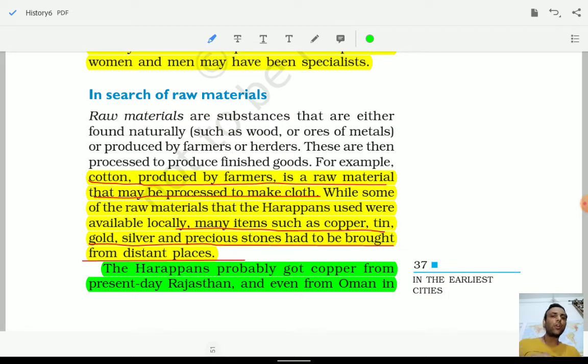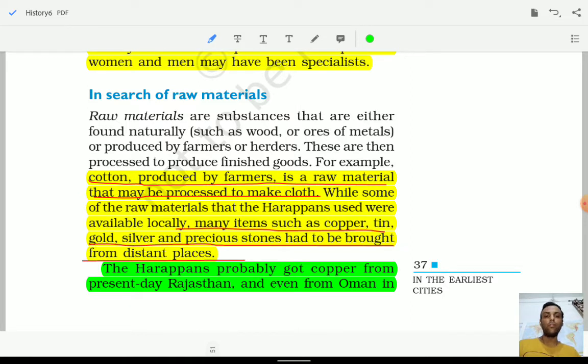In today's geography, you will read that black soil is dominant in the western part, and it is really good for the cultivation of cotton. So understand that the Harappan Valley civilization people already knew about black soil and what type of crop could be easily grown in their part. They understood cotton, and they used it to make clothes as well, right? So this was the raw material for them.